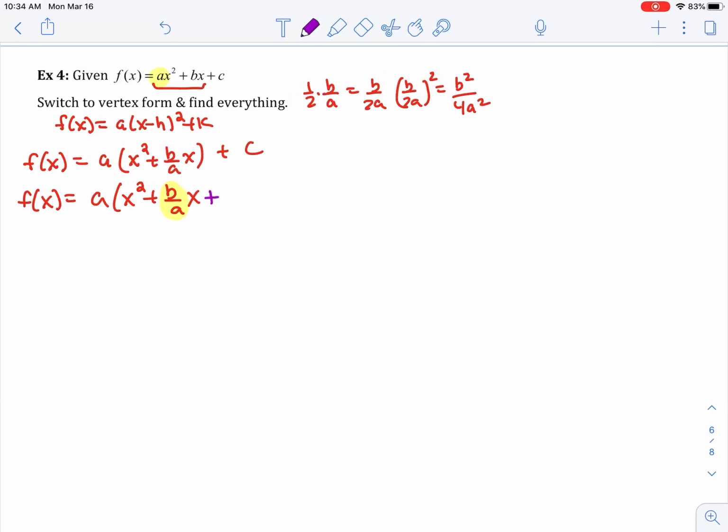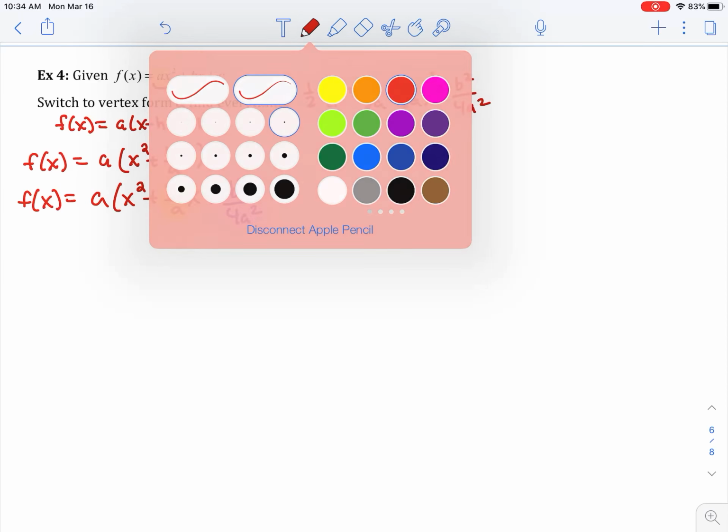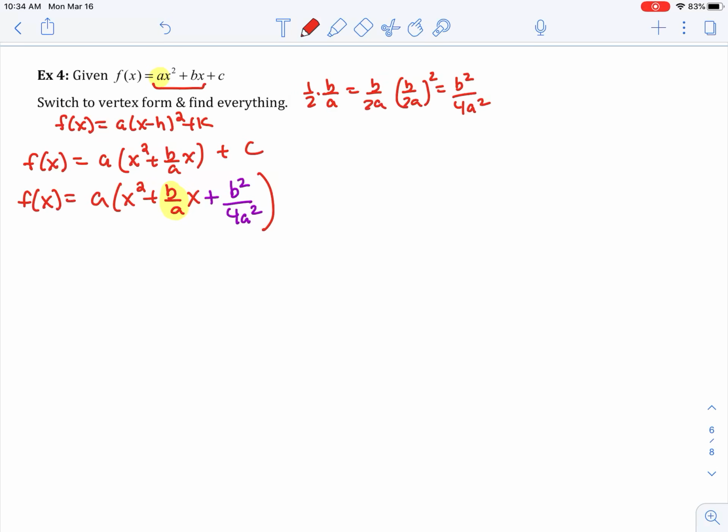And we're going to add b squared over 4a squared to the previous two terms.